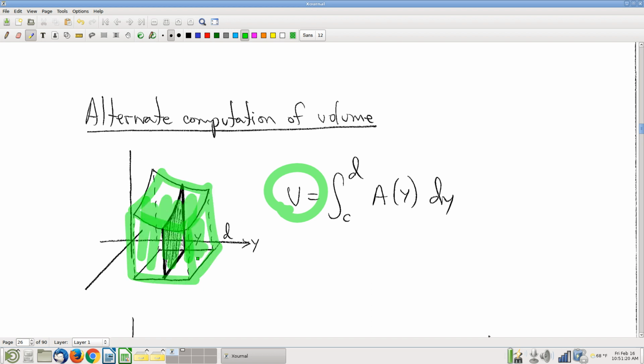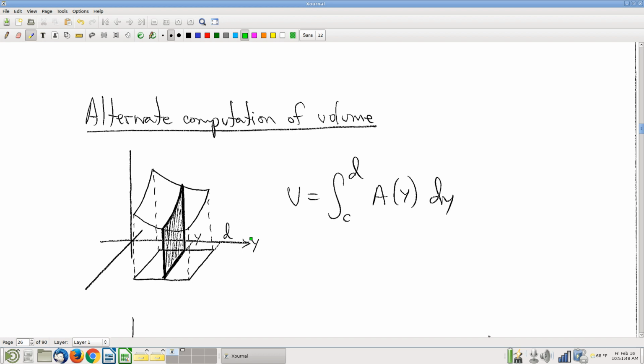And let's compute that volume a different way. I bring you back to your Calc 2 class where you computed volumes of rotation. You take some curve and you rotate around the x-axis and you get a sideways vase of some sort. And then you slice it, and on each slice you can talk about the area times the thickness. Everybody remembers how those go, right?